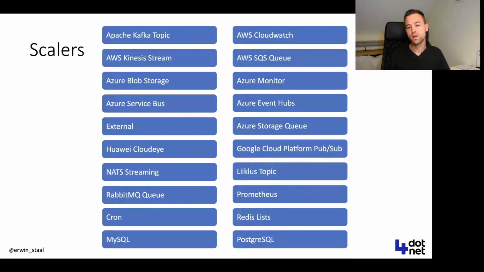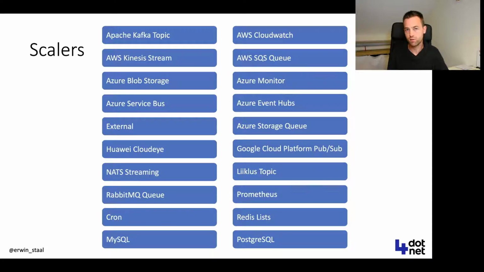All right, so here's a list of some of the available scalers in KEDA. There's actually a few more. They get added almost every week. You can find them on the website in the documentation of KEDA. But what you can see here is that KEDA isn't something that's Microsoft or any cloud vendor for that matter specific.